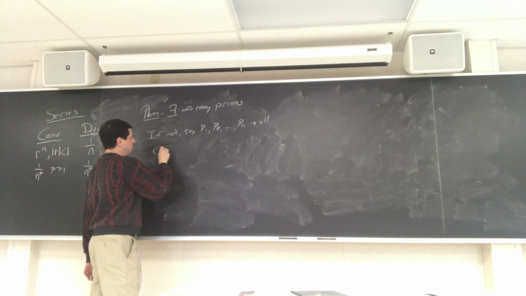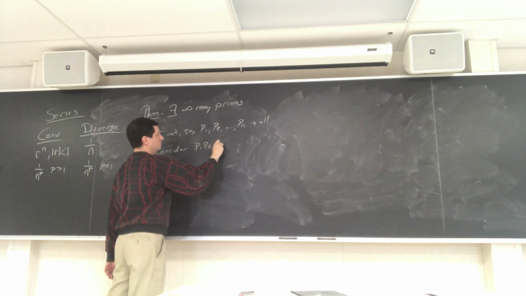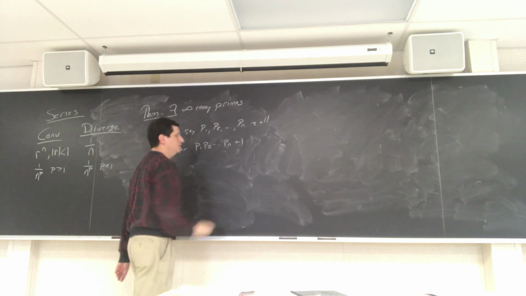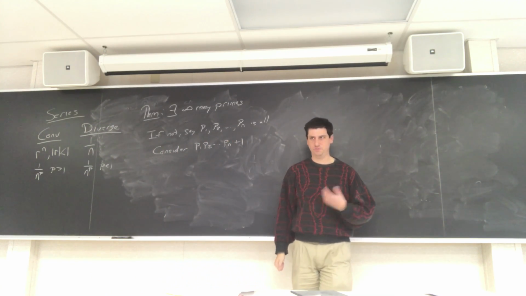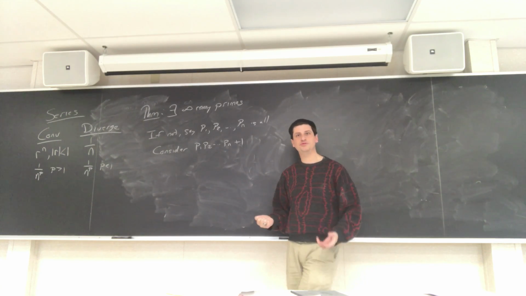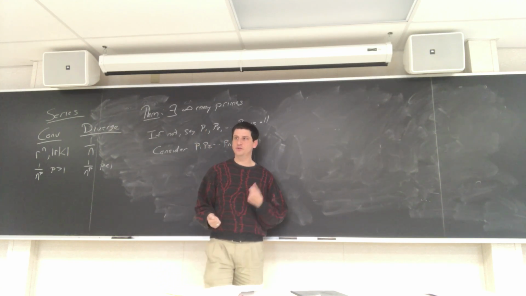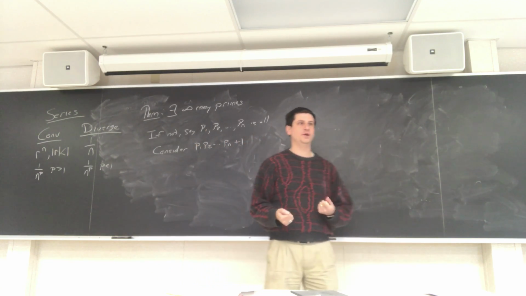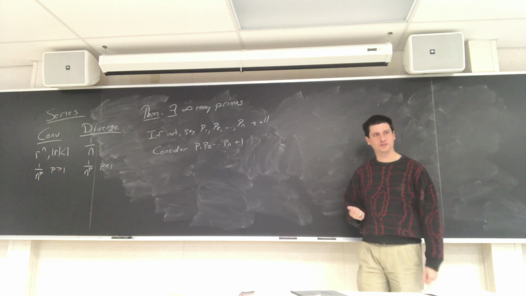So now, consider their product plus 1. There are two possibilities. It's prime, or it's not prime. So remember, a number is prime if it's divisible by exactly two distinct numbers, itself and 1. We don't consider 1 prime. 1 is a unit. If you're not 1 and if you're not a prime, you're a composite.